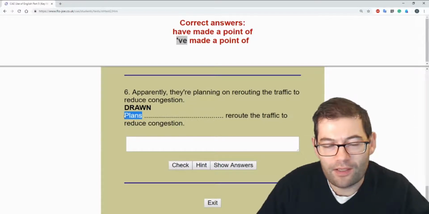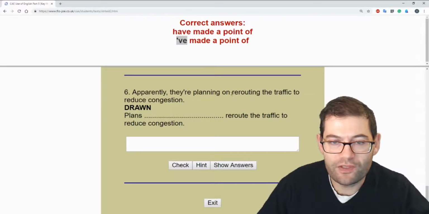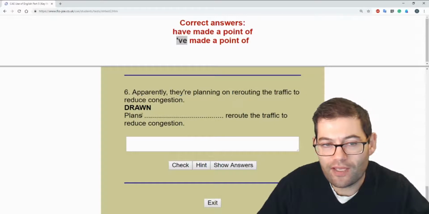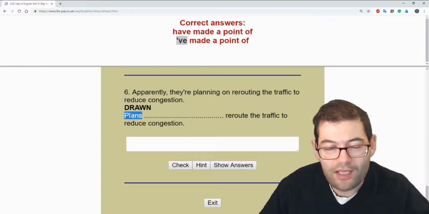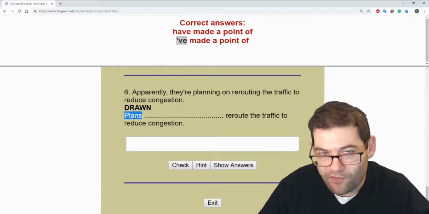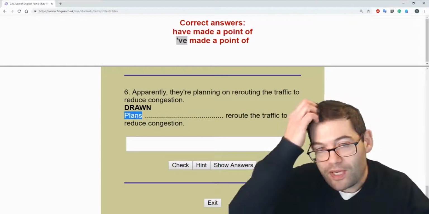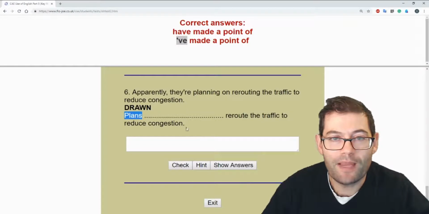Here, for the sentence we have to change, plans goes first. Now plans refers to rerouting the traffic to reduce congestion. So what we've got here is the object, which comes first. So if the object comes first before the verb, what we know is that this is a passive structure.